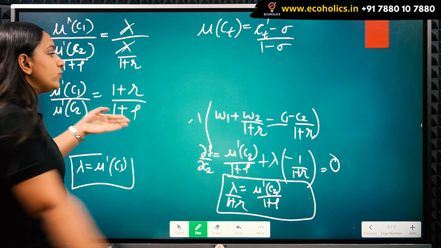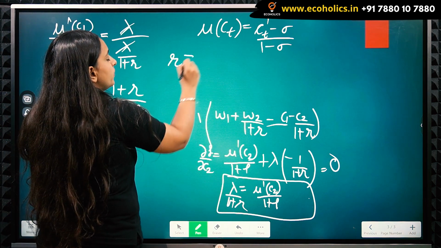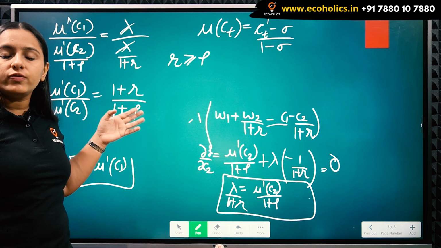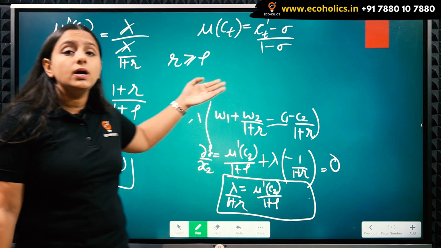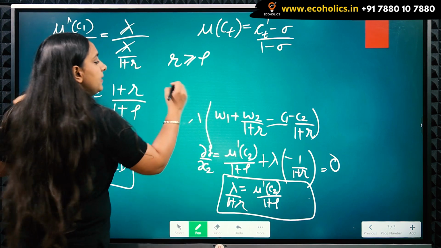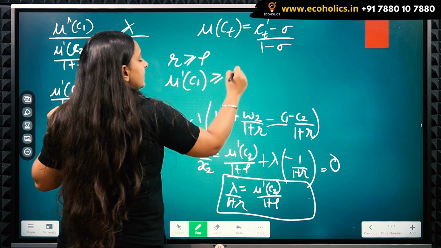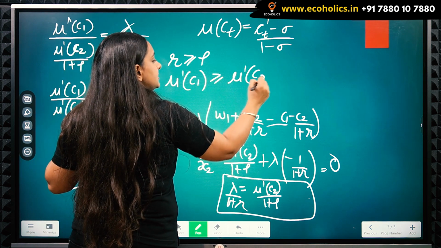So we know that whenever R is greater than or equal to rho, what will happen? Then the marginal utility of C1 will be greater than the marginal utility of C2.